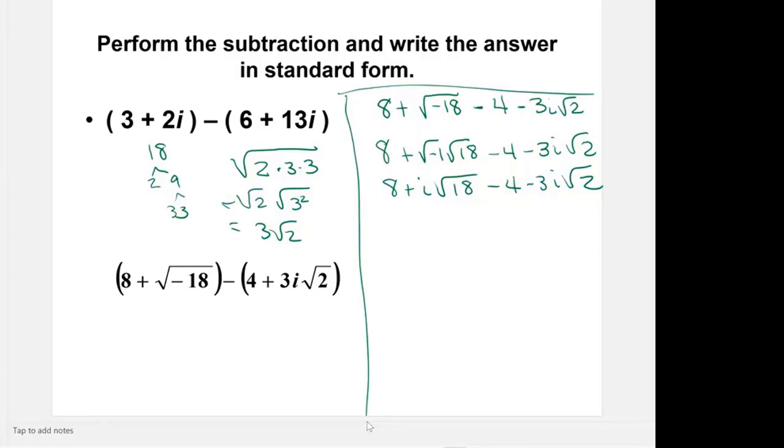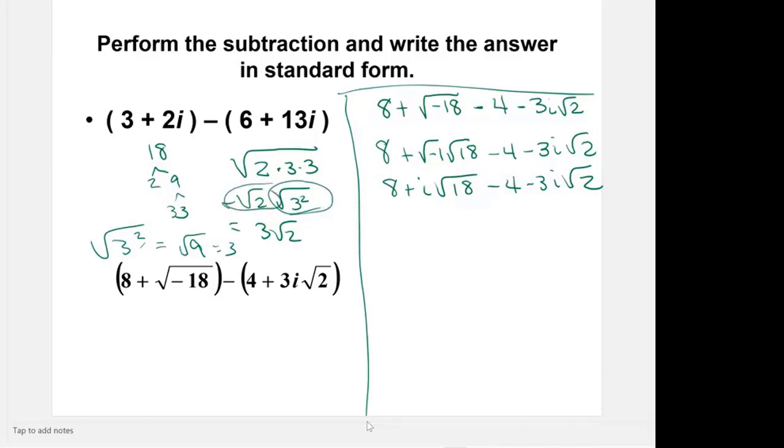Yeah, but what happened to the square root? Well, what's the square root of 3 squared? The square root of 3 squared is really equal to the square root of 9, right? Which is 3.